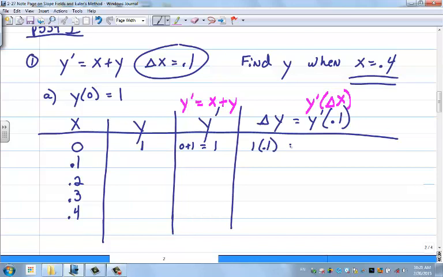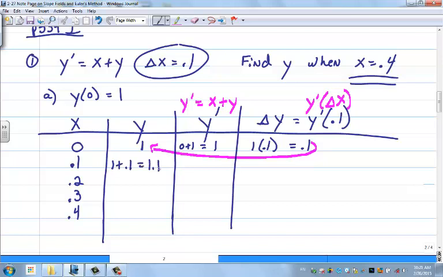So that gives you 0.1. Now, to get your new y, we're going to add this to our old y. So 1 plus 0.1 equals 1.1.